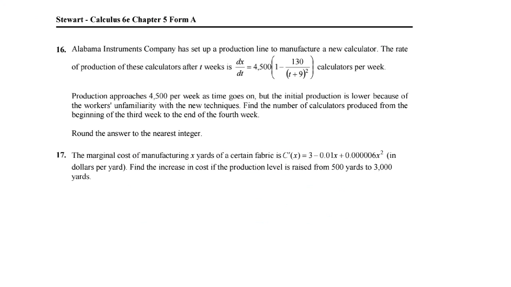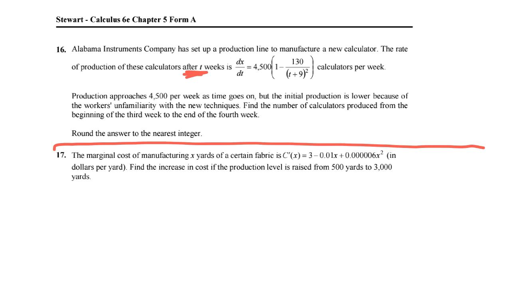All right, the last two problems. When I first did 16, I'll tell you what I did. I didn't read closely, so I need to be careful about what I'm reading. It says Alabama Instrument Company has set up a production line to manufacture new calculators. The rate of production of these calculators after 2 weeks is this function, calculators per week.